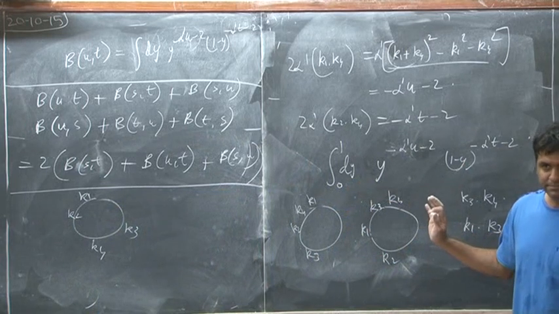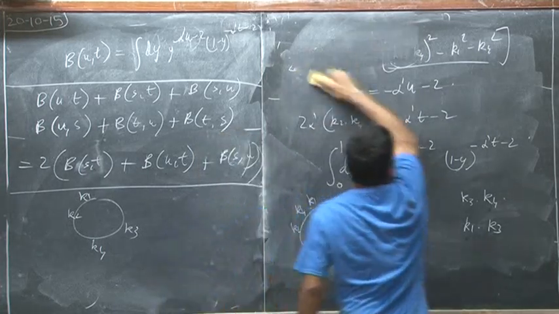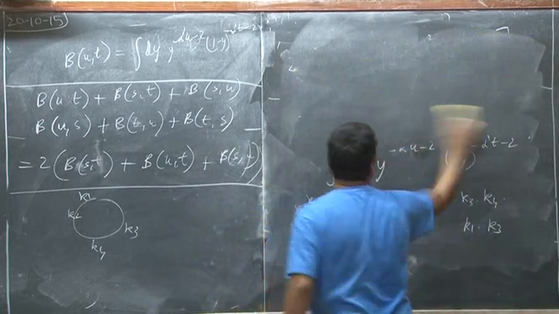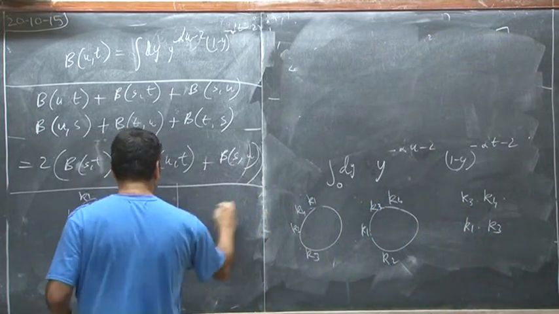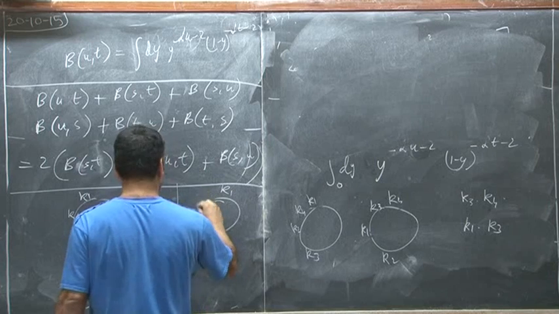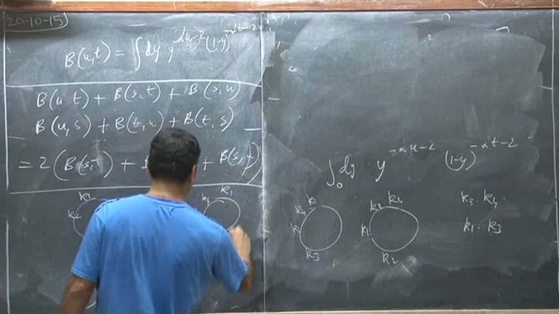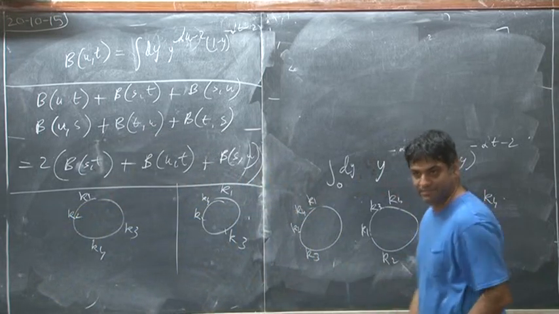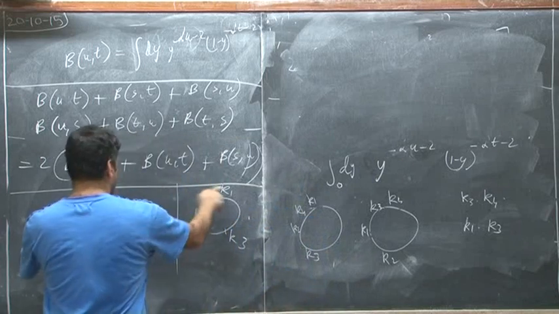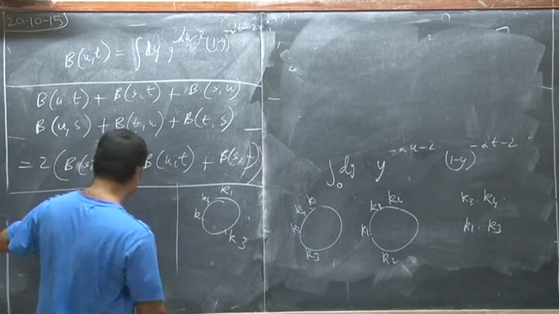Is this clear? Okay. Notice that the original ordering was K1, K2, K4, K3. So if our prediction was correct, what is this doing? K1 is going to K1, but K2 is going to K4.